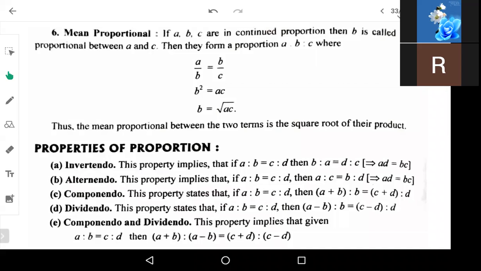So we are exchanging the places of the quantities or the ratios given. Next, alternando. Alternando is alternate. So if A is to B is equal to C is to D is in proportion, we are exchanging only B and C here.